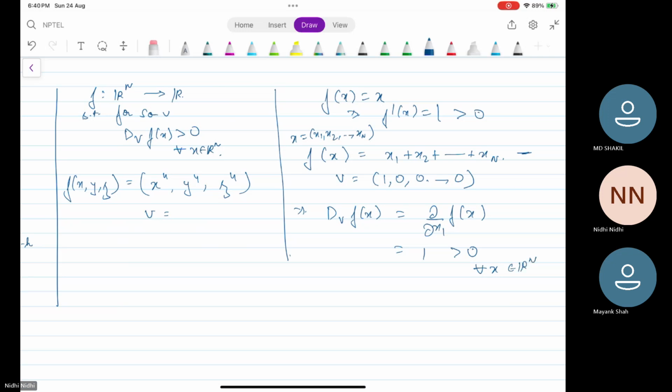So that's how we take the idea from one variable and move to multivariable. Similarly, you can take x1 cube, x2 cube, up to xn cube, because the derivative of x cube is 3x square, which is always positive. And we can take v to be any e_i, so it could be (0, 1, 0, 0). Then the directional derivative in that direction means the partial derivative with respect to the second variable. So that's how you can construct examples.